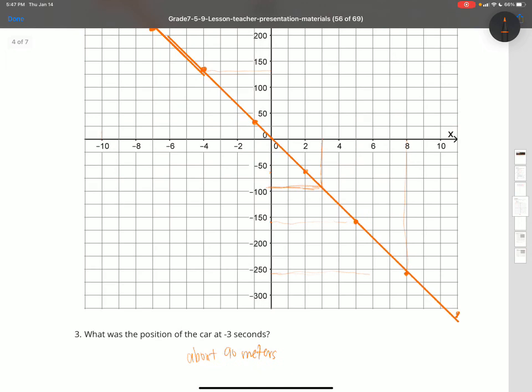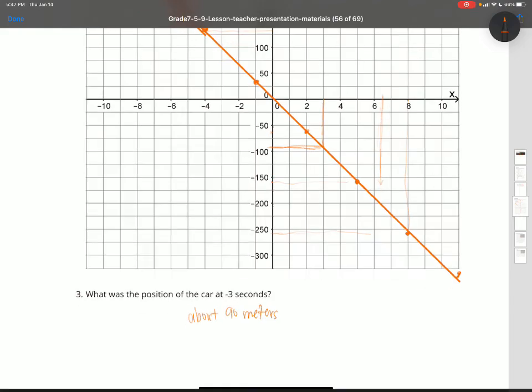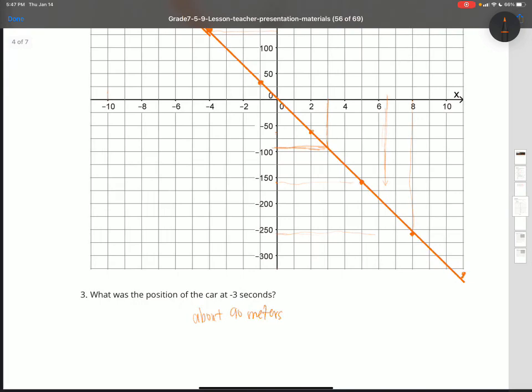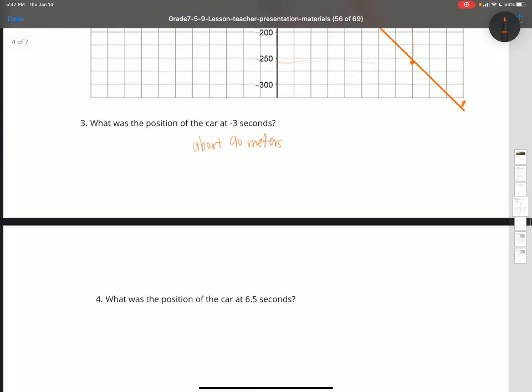The position would be right here, which is in between, and it'll be about 200, so we could put about 200 meters.